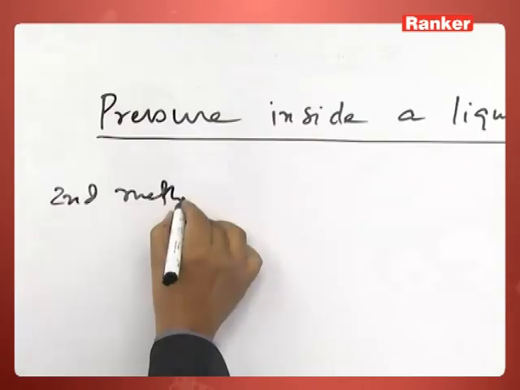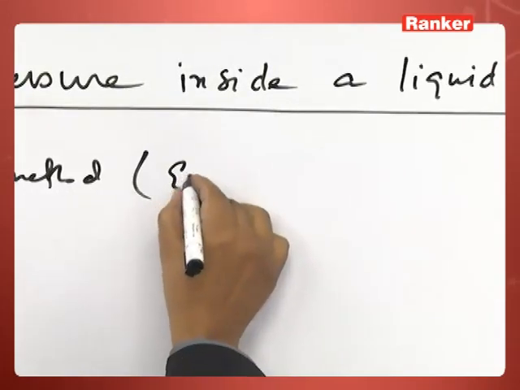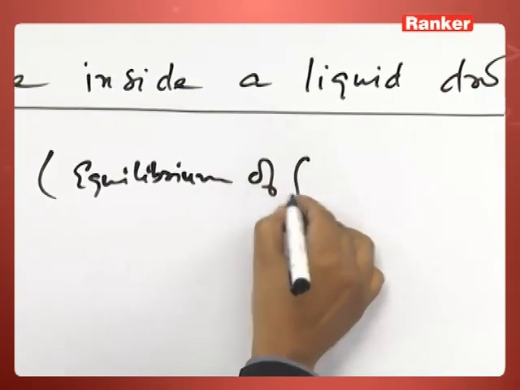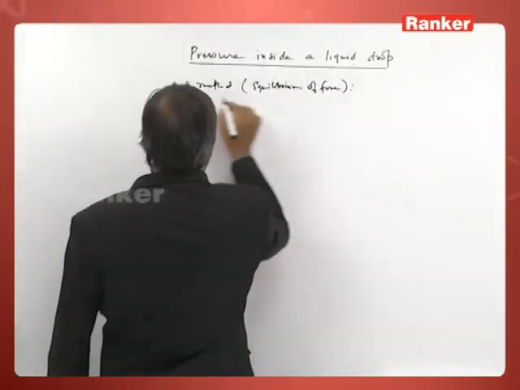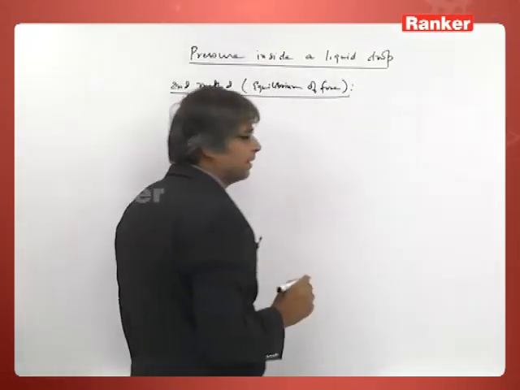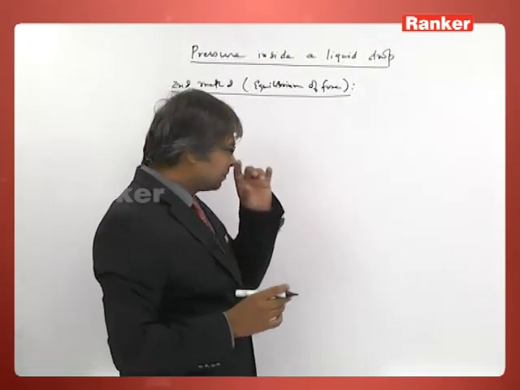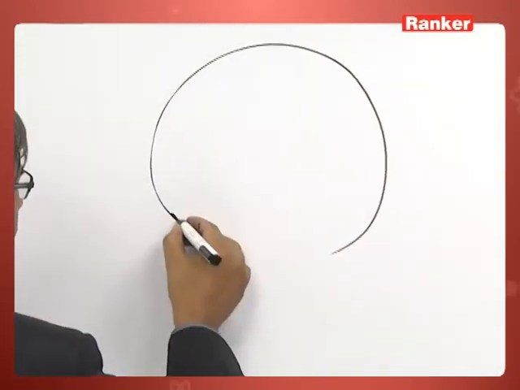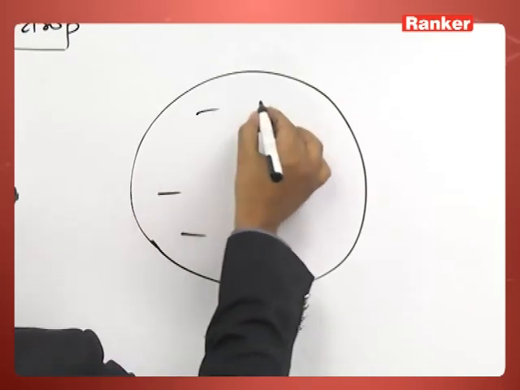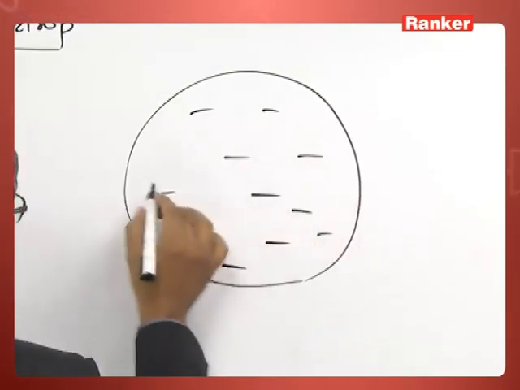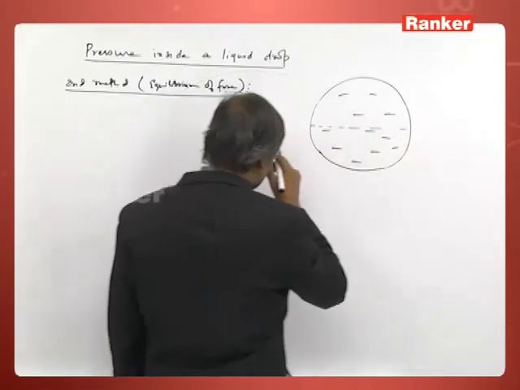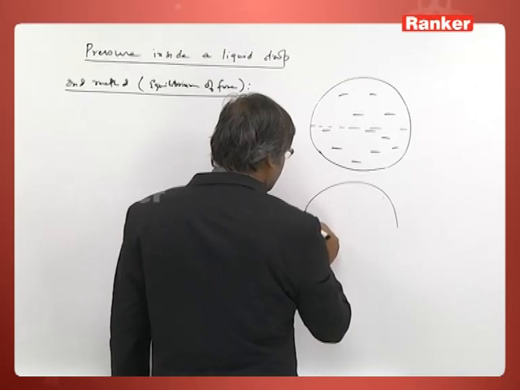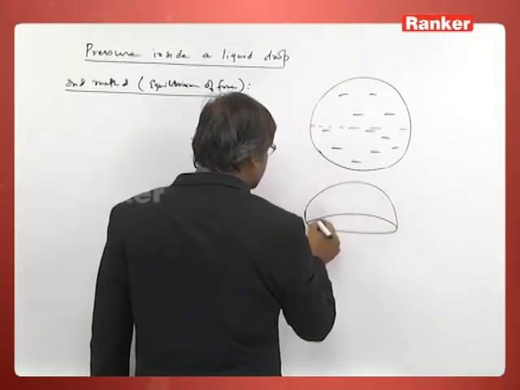Now, the second method is called the equilibrium of force method. So, this is my liquid drop, and I mentally divide the drop into two pieces, and now you analyze only one piece, the semi drop.